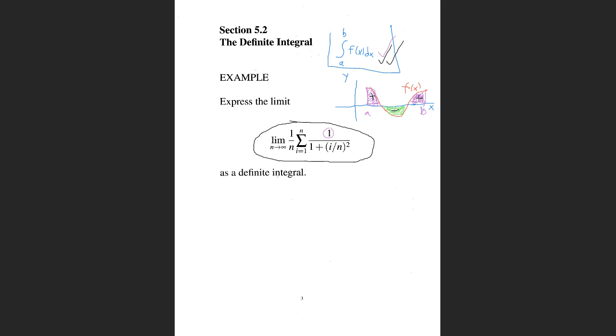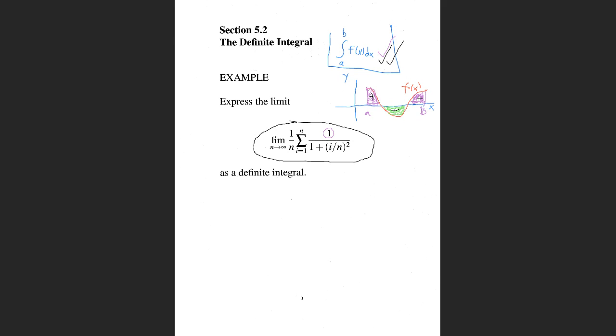And then that brings you into section 5.2, where you have the Riemann sum. We've actually done two problems. One was from section 5.1, where you computed the limit of a Riemann sum and got the area underneath the function, and in section 5.2, we did another problem like that.